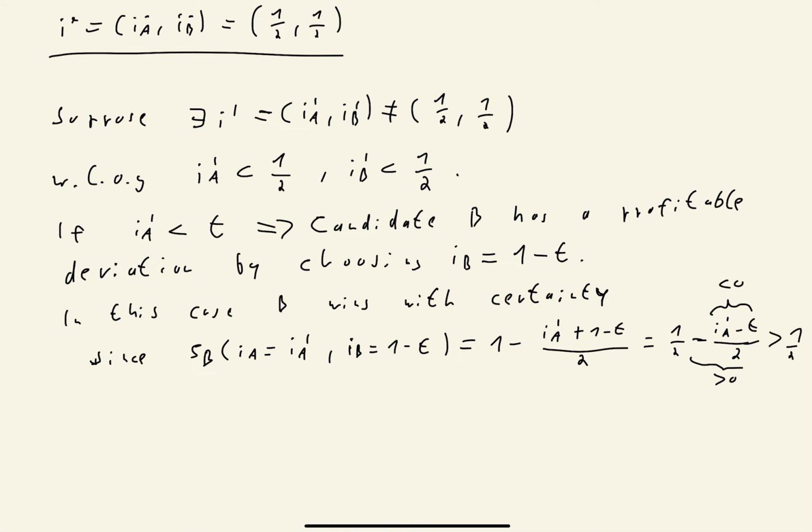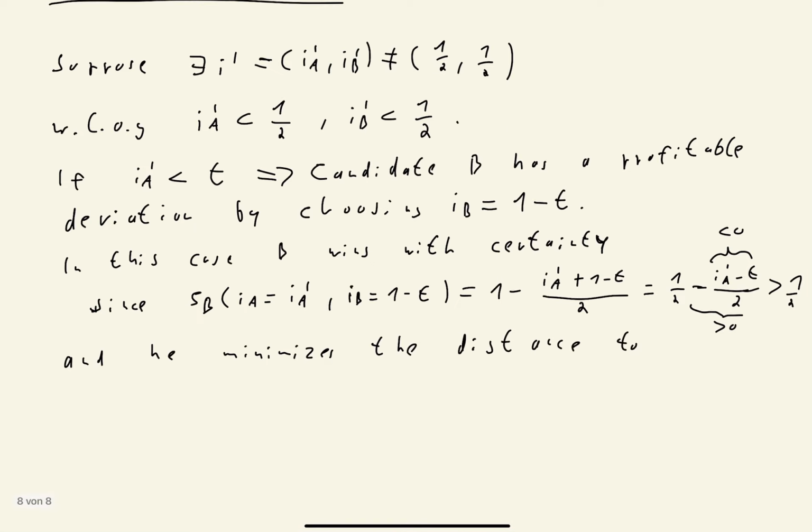Okay, so B wins with certainty because of the argument that I showed you here, and he minimizes his distance to his true ideological point.